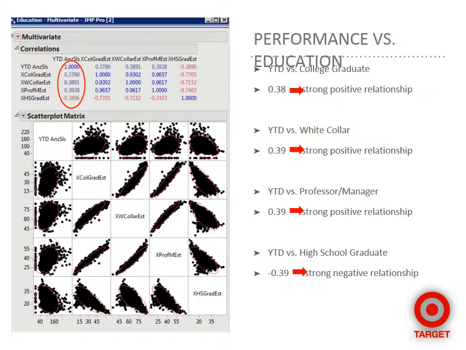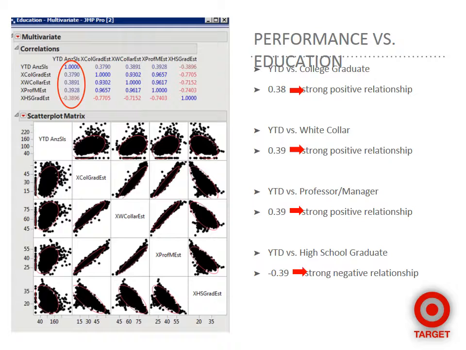On the contrary, there is a strong negative relationship between store performance and consumers with a high school education level or lower.